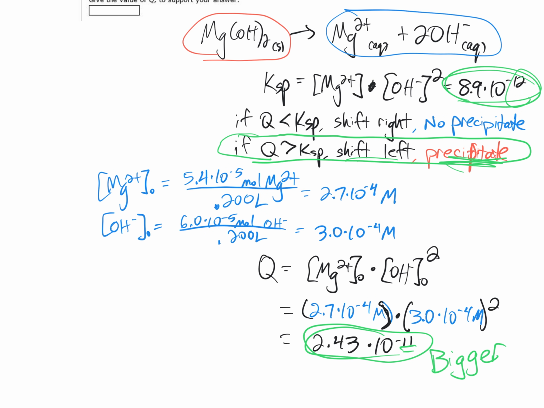Now some students will get red numbers where the calculated value of Q is less than K, in which case there would be no precipitate. So you have to actually work the calculation to figure out which of the two boxes you can check, and then just state your value of Q in the blank.